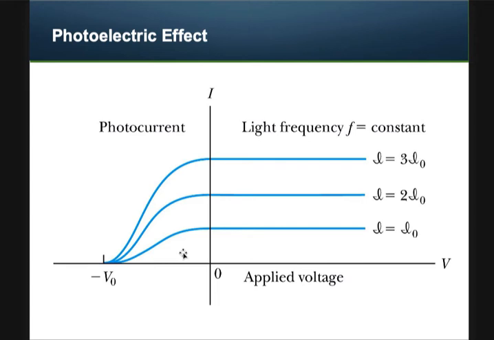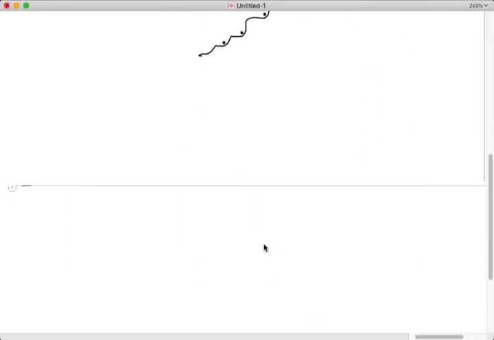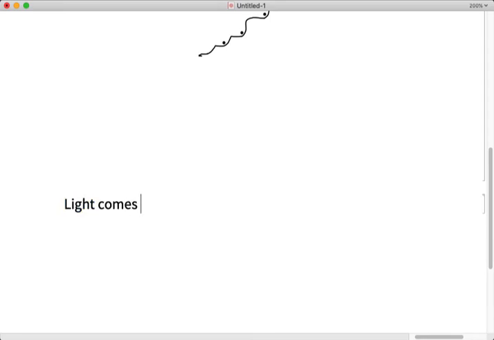And so what did Einstein say? Einstein realized that he could explain this if light comes in packets. And I'm not sure if he coined this word, but they came to be known as photons, particles of light.